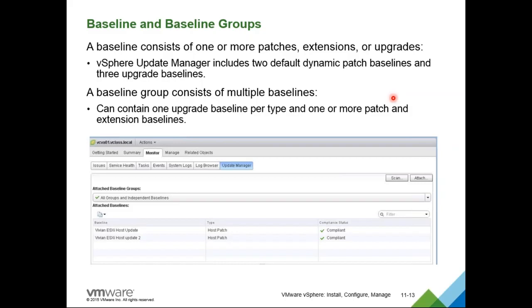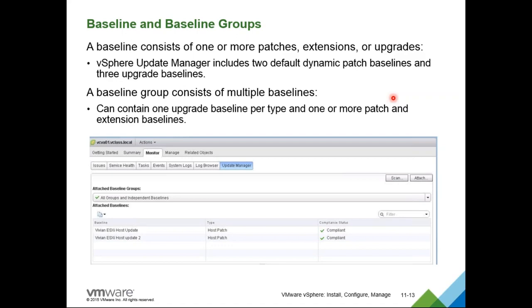And the 3 upgrade baselines are VMware Tools Upgrade to Match Host, VMware Hardware Upgrade to Match Host, and Virtual Appliance Upgrade to Latest. These 3 upgrade baselines are configured by default on your vSphere Update Manager.